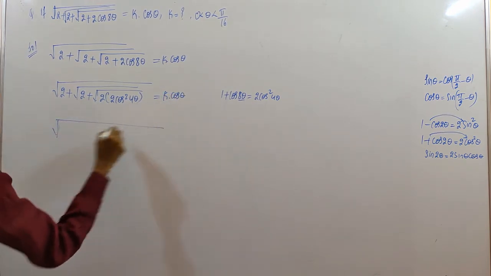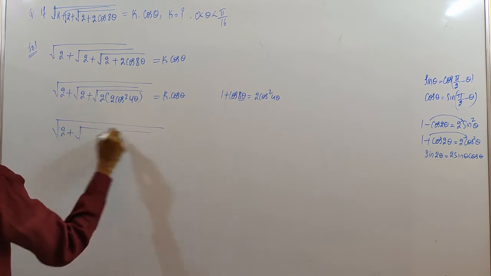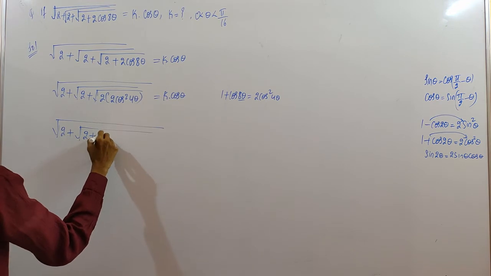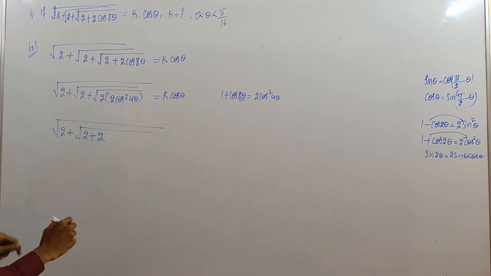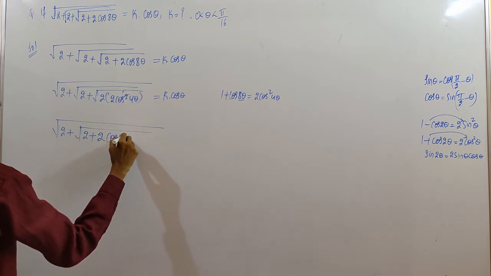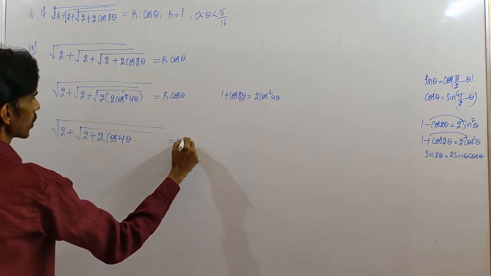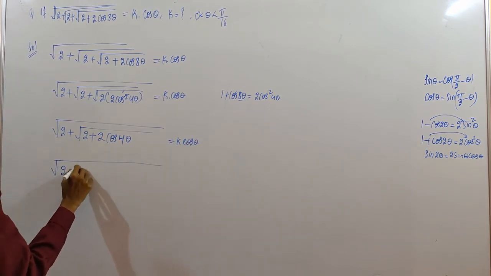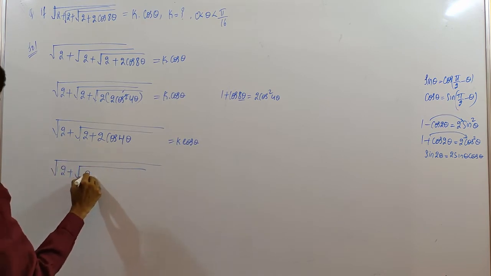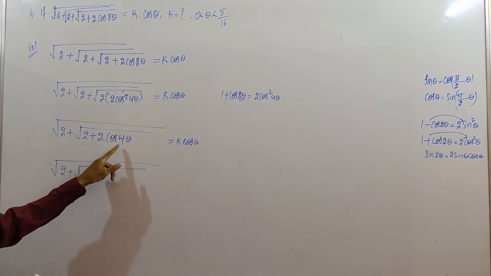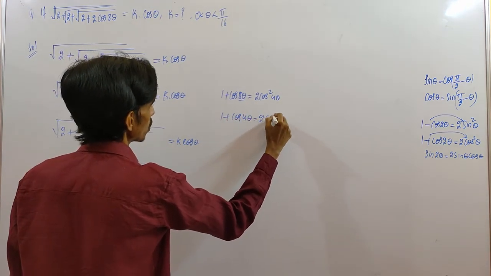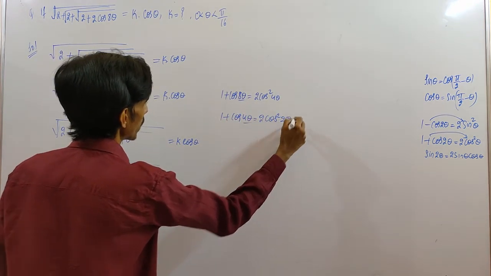Now that can be written as root 2 plus root 2 plus 2 into 2 is 4, root 4 value is 2. Cos square 4 theta, this square and square root will get cancelled. We have cos 4 theta equals k cos theta. Similarly, write down 2 plus root, take 2 common, we have 1 plus cos 4 theta. 1 plus cos 4 theta is 2 cos square half of 4 theta.